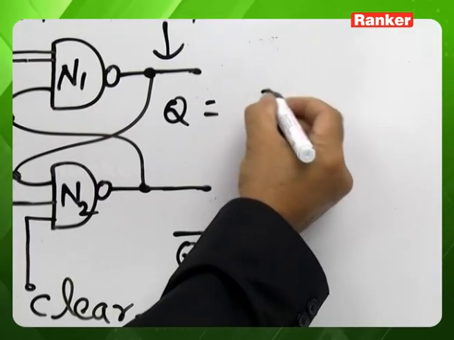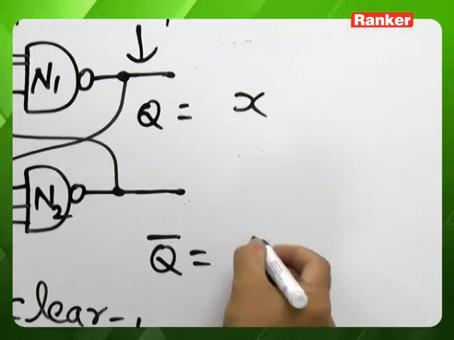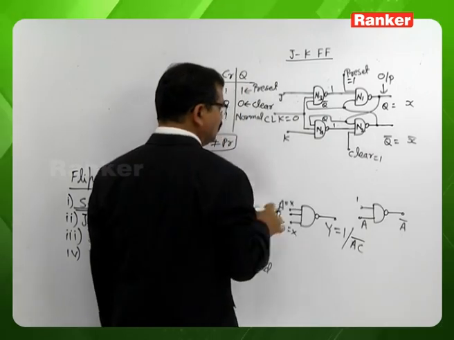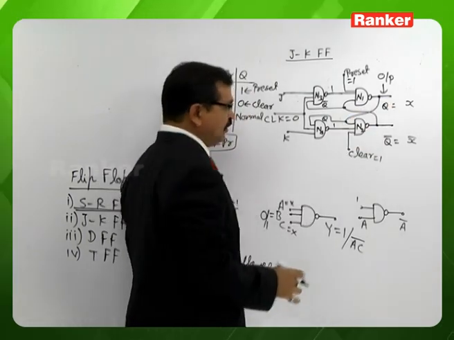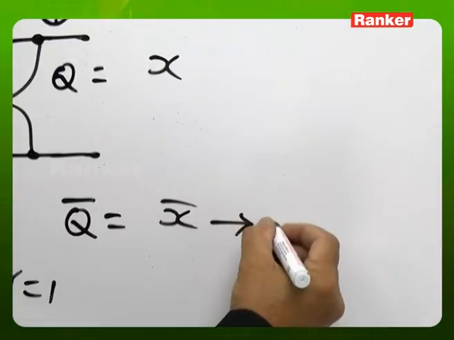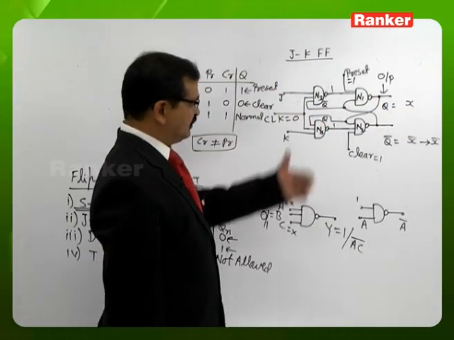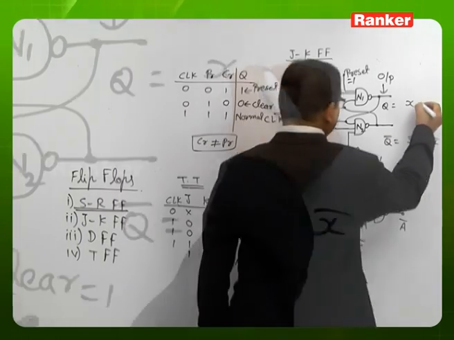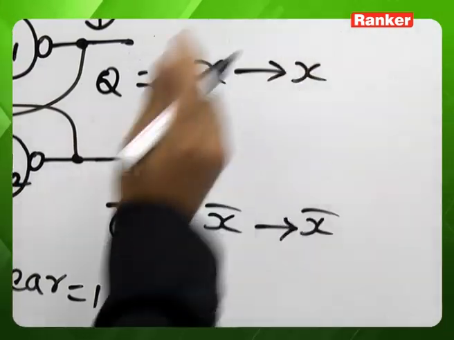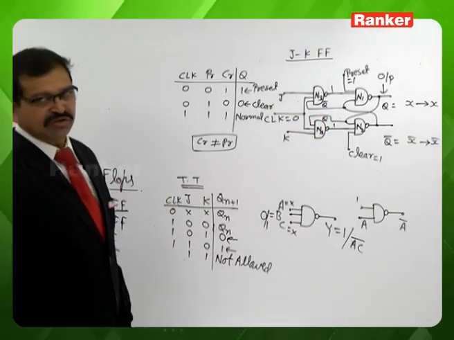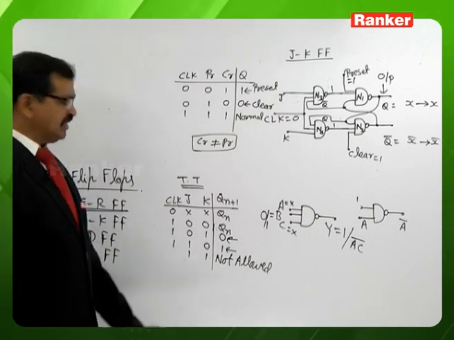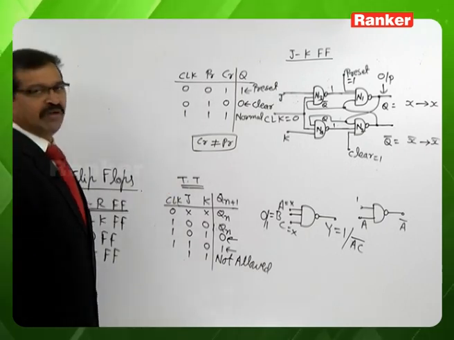If N1 output is X and N2 output is X complement before applying these inputs, then X is the input of N2, so N2 will continue with X complement. N1 has the input X complement, so N1 will continue with X. It means the state is the same as the previous state, which is the case with any sort of flip-flop.